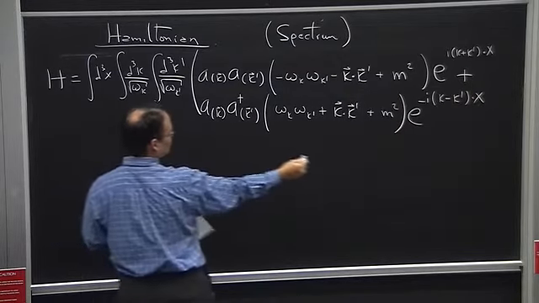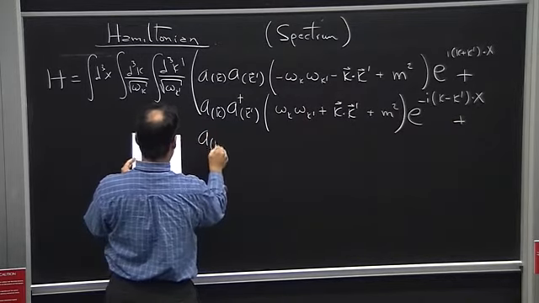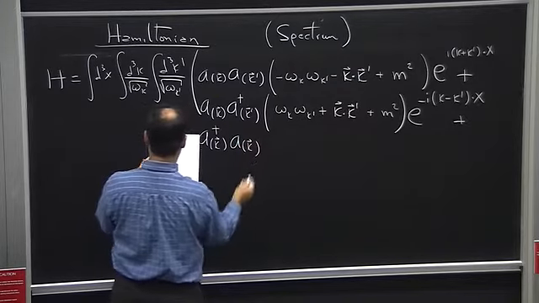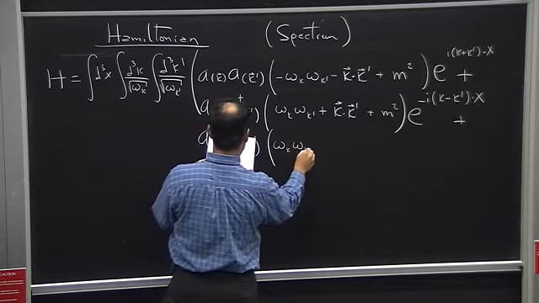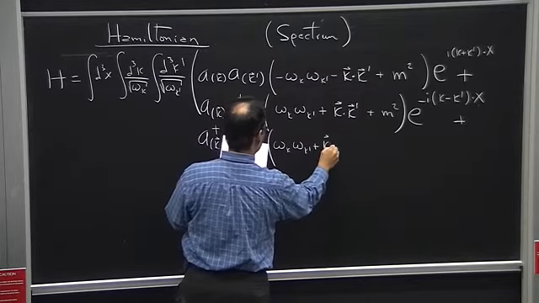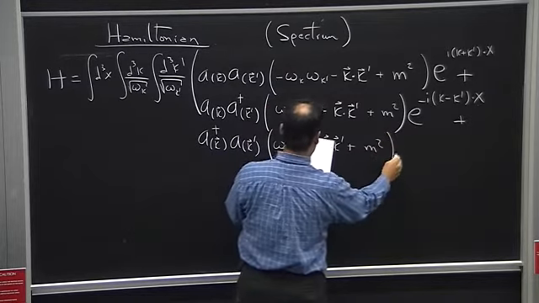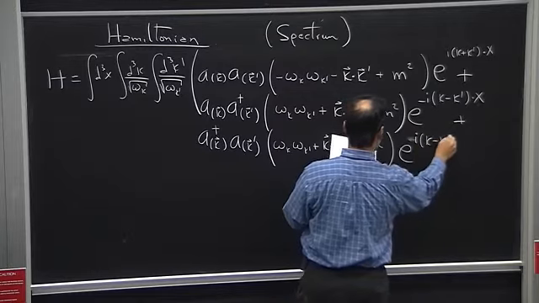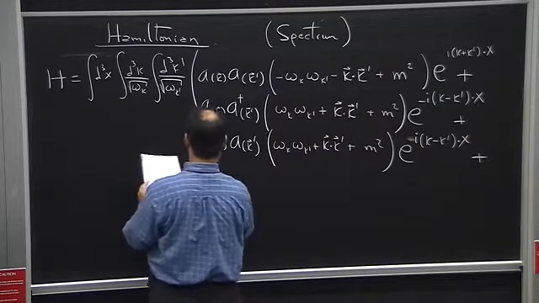Now the next term is something that looks like a dagger of k, a of k prime, plus the last one.